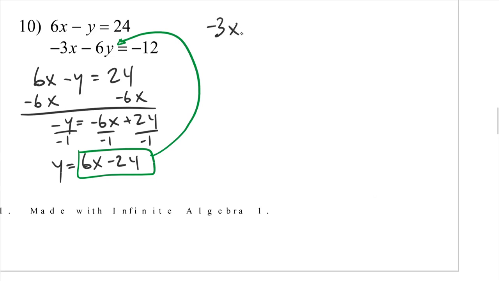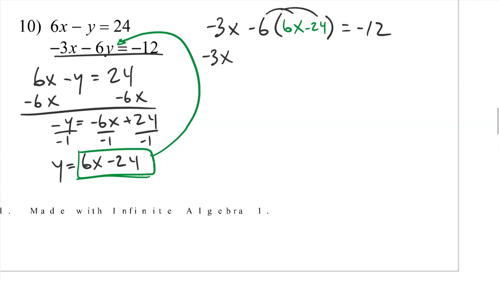So negative 3x minus 6 times y equals negative 12. I'm just rewriting this equation. And we're substituting in our value of y from before that we just solved for, 6x minus 24. And we get negative 3x. We need to distribute.